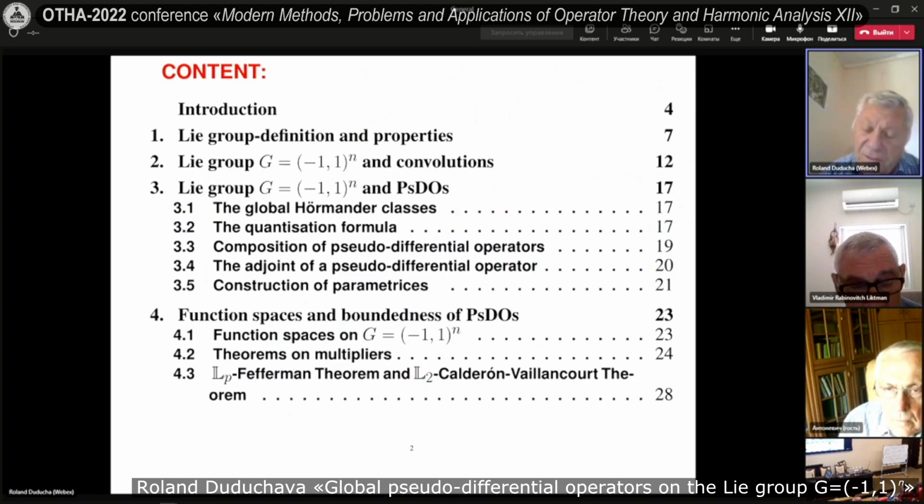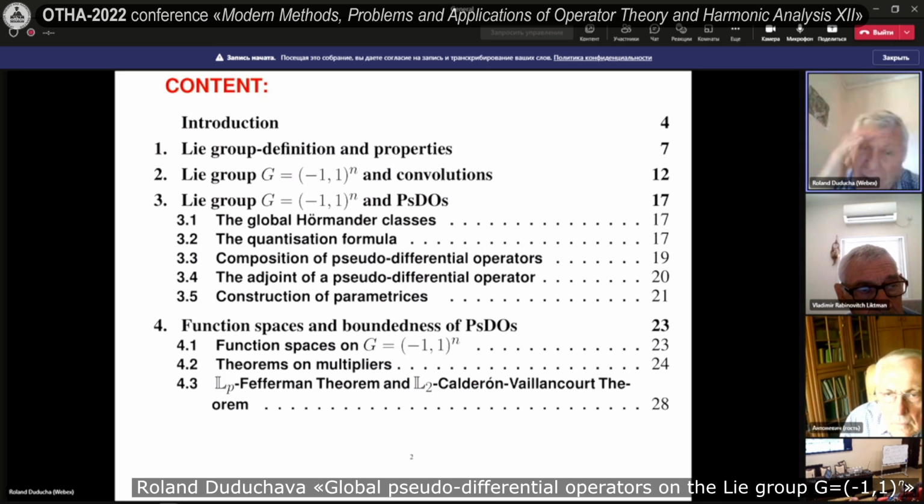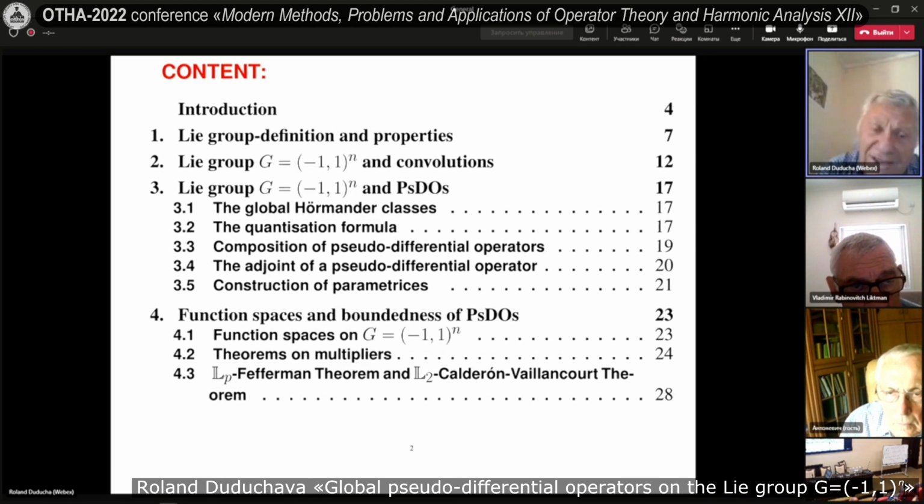Well, it's rather big, but I will drop some topics, just showing you what is done in this work. I will speak a little bit about Lie groups, definition and properties, and then about convolutions on Lie groups, and about pseudo-differential operators on Lie groups. We prove here all classical properties of classical pseudo-differential operators on Rn, for example, or manifolds.